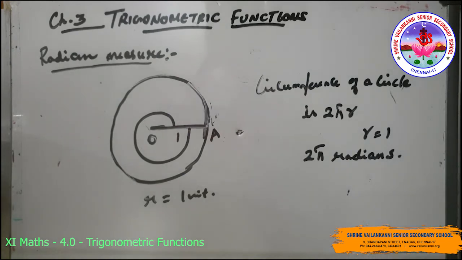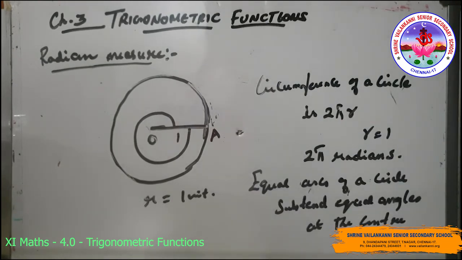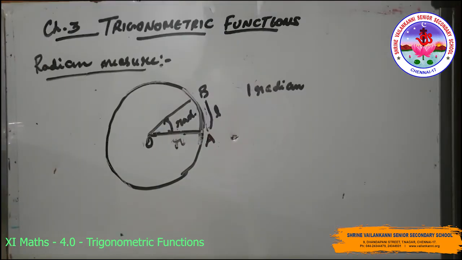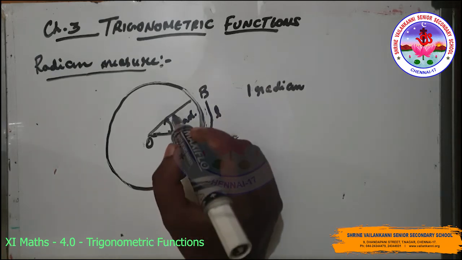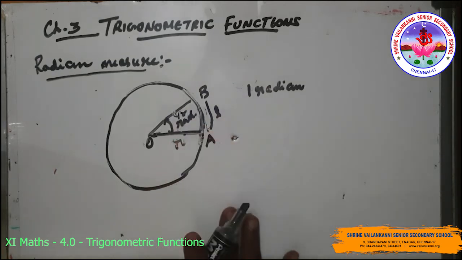In a circle of radius r, an arc of length r will subtend an angle of 1 radian. Equal arcs of a circle subtend equal angles at the center. In a circle of radius r, an arc of length L will subtend an angle whose measure is L by r radian.